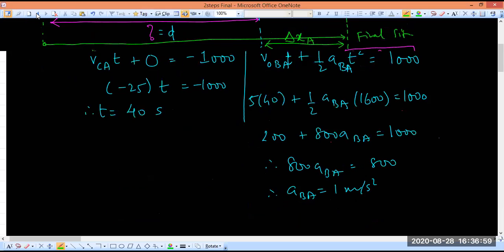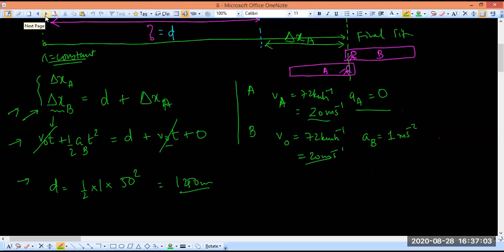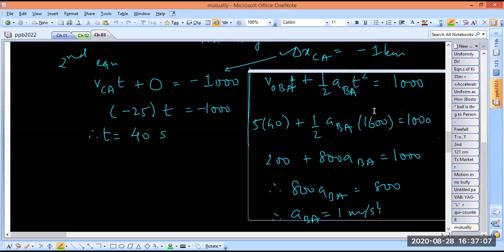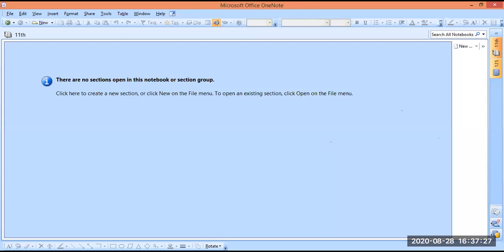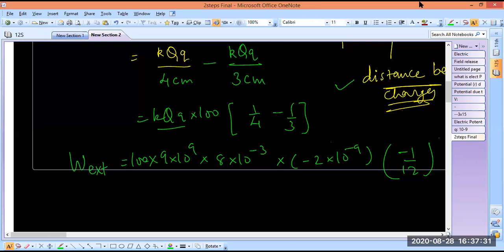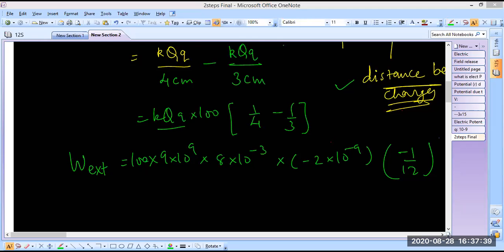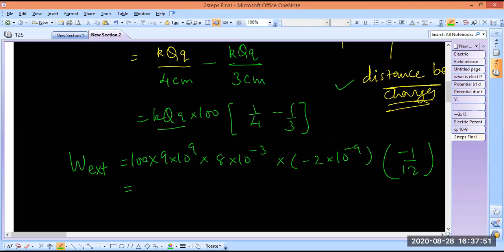Just give me a minute. So the final answer to this question will be 1.2 into 10 raised to, no, sorry, only 1.2 joule, right?